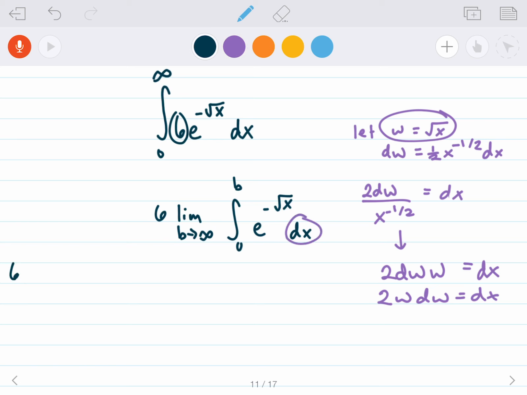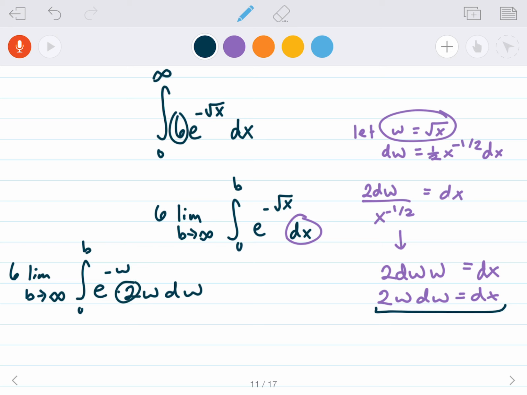Let's write that out. We have 6 times the limit as b goes to infinity of the integral from 0 to b of e to the negative w, and instead of dx, I'm replacing 2w dw. Now I'm going to bring the 2 all the way on the outside.